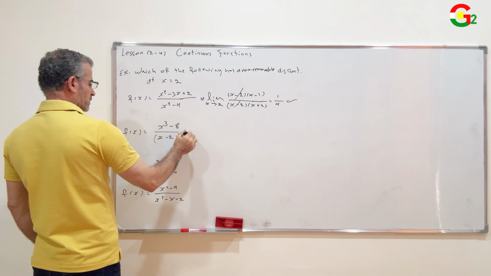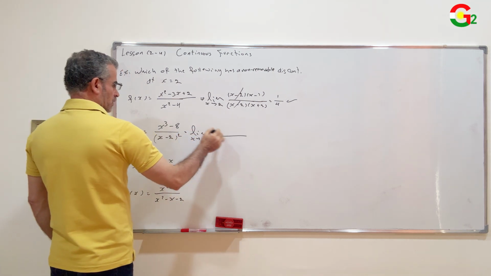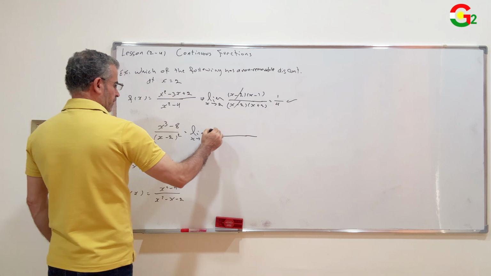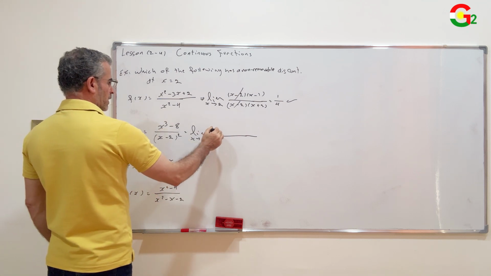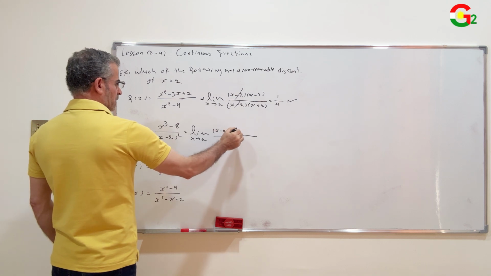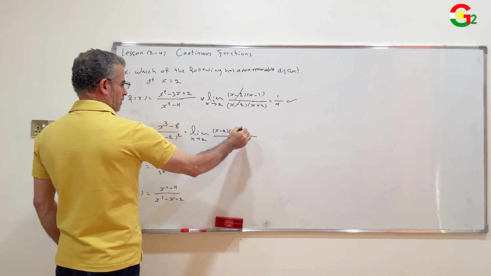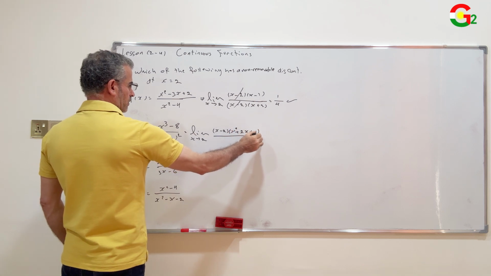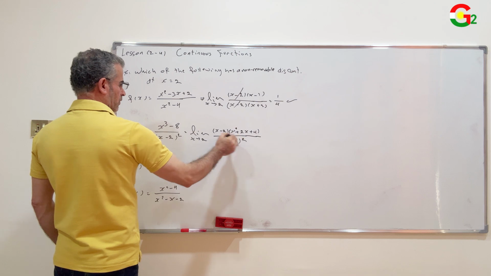For the second function, the limit as x approaches 2: analyze the numerator, difference of two cubes: (x minus 2)(x squared plus 2x plus 4) over (x minus 2) squared.